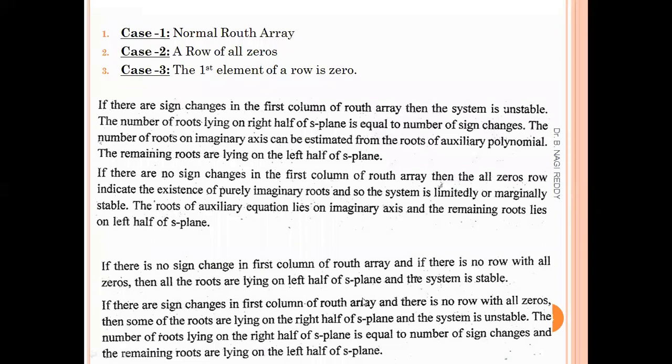While doing the problems, we will check this theory too, so that you can understand clearly for case 2 and case 3 how we can determine the stability as well as comment on the poles. So we will do case 1 in this class. In the next class we will go for case 2 and case 3, right? Coming to case 1, which is normal Routh array construction.